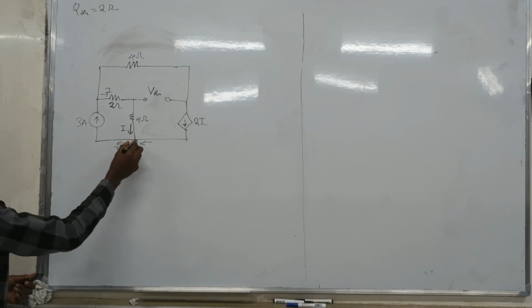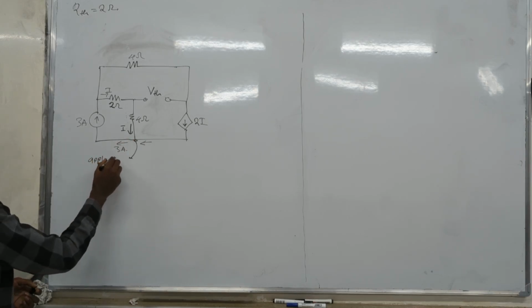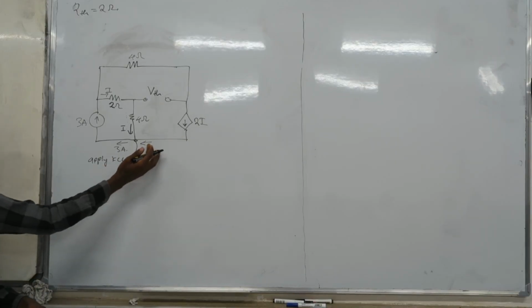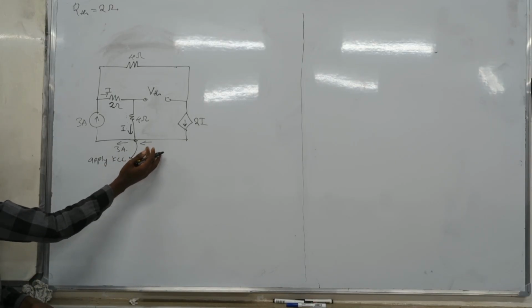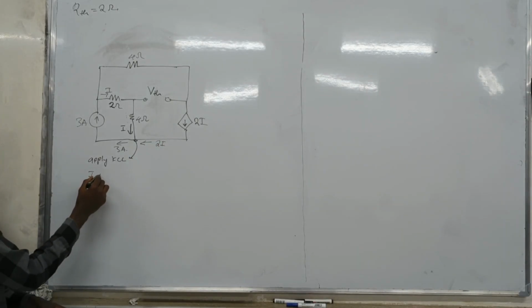We can apply KCL. And what current is entering this point? So I plus 2I.